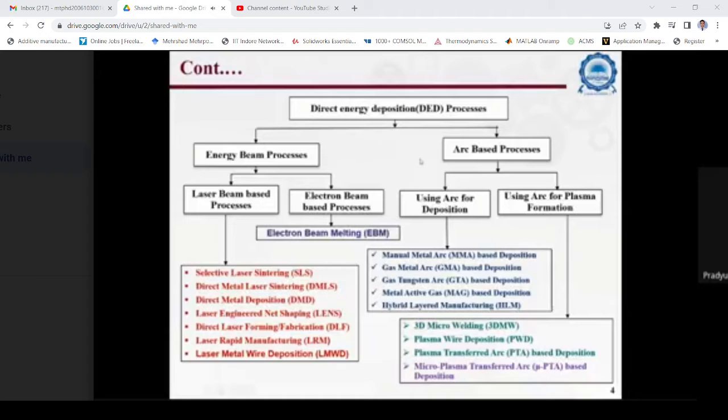But arc based deposition processes are categorized into two categories: processes which directly use an arc for material deposition, and processes which use an arc for formation of plasma, which provides heat for material deposition. These processes have lower capital and operational cost and give a higher deposition rate.